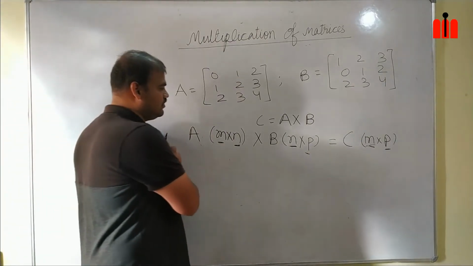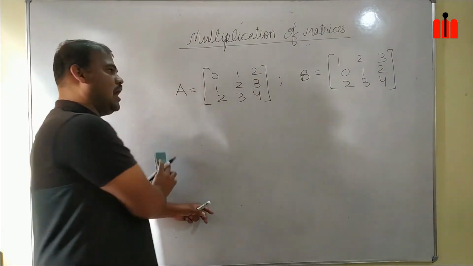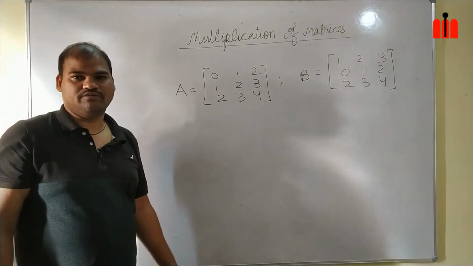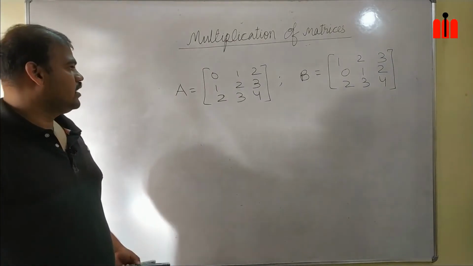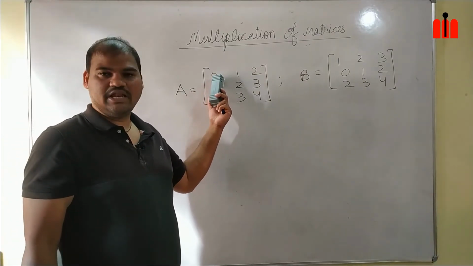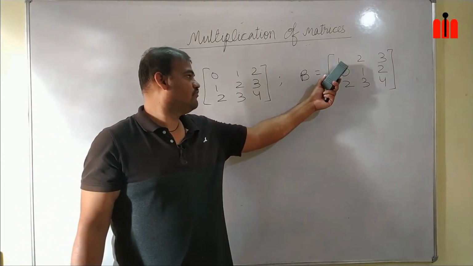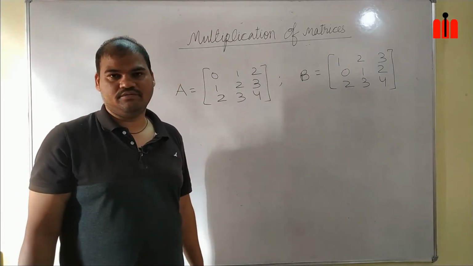Okay, once we do our multiplication. So, how to perform the multiplication of the matrices? Now, first element, which is A11, will be multiplied with B11.